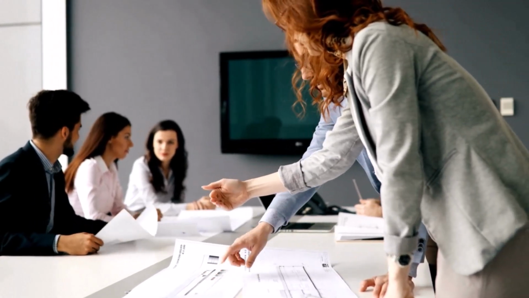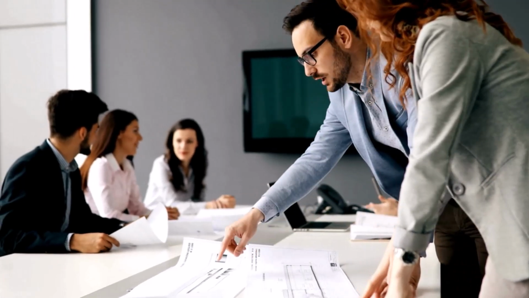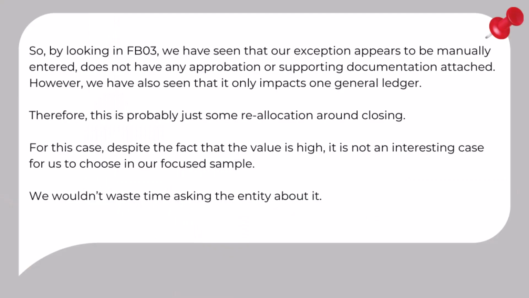Okay, but when I was actually doing this, if you look at this in more detail afterwards, you can see that in the example there's only one general ledger account that actually gets impacted. So it's probably just something about reallocation around closing, and probably not something we want to look at. Maybe you see a document on the dashboard and think, wow, this is a really strange document, what's it doing there, it's a huge amount.